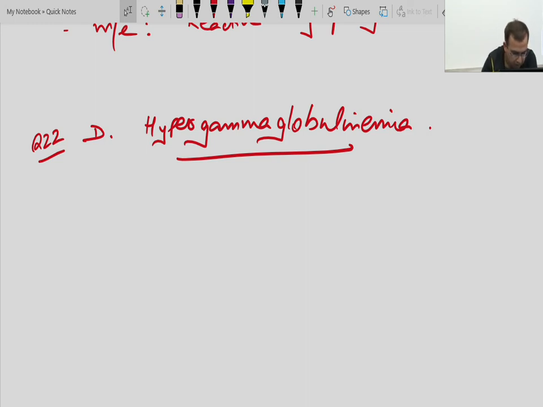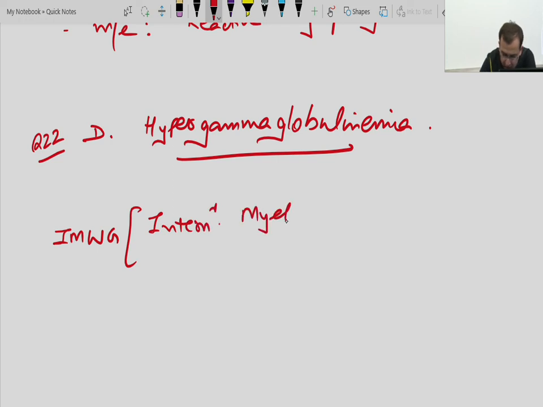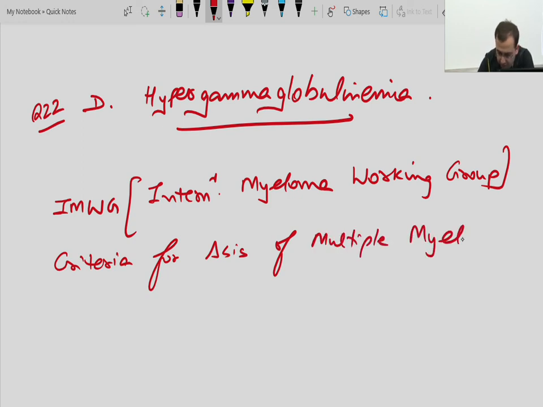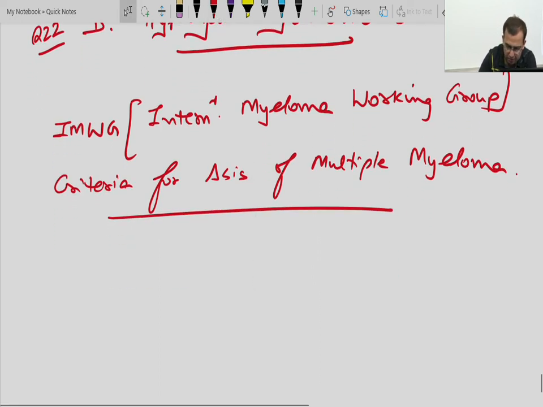So starting with IMWG, that is International Myeloma Working Group criteria for diagnosis of multiple myeloma.